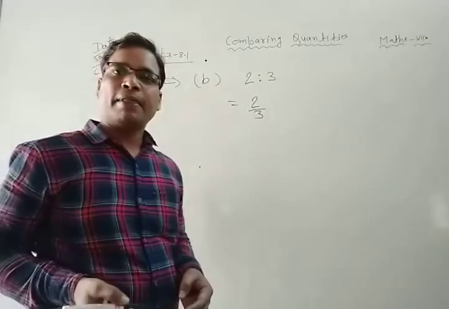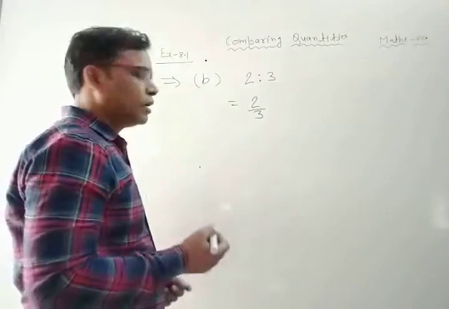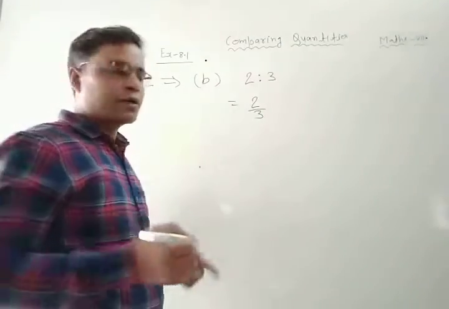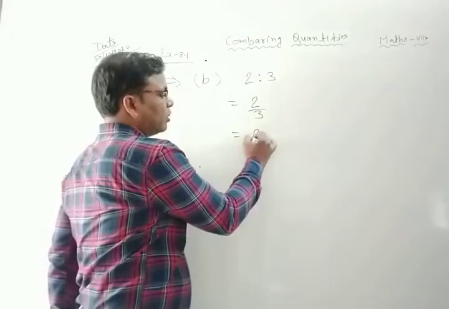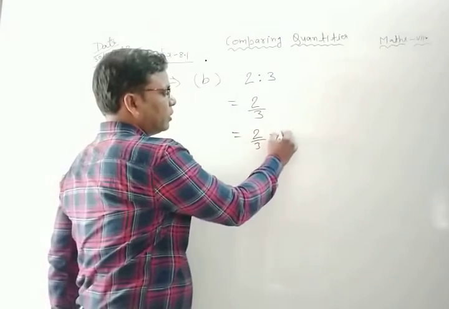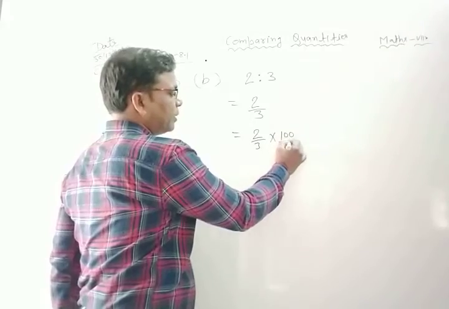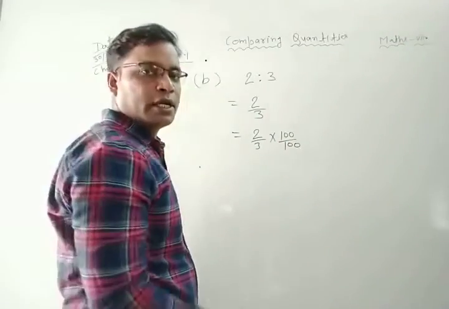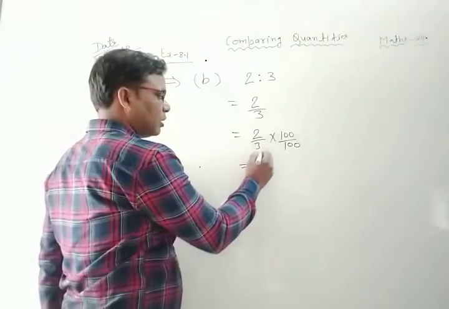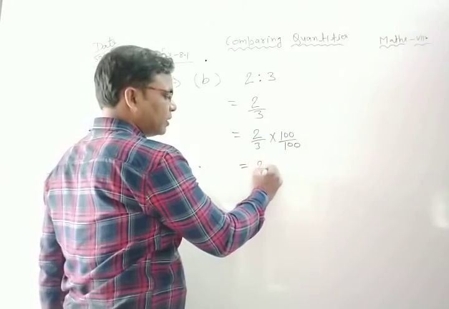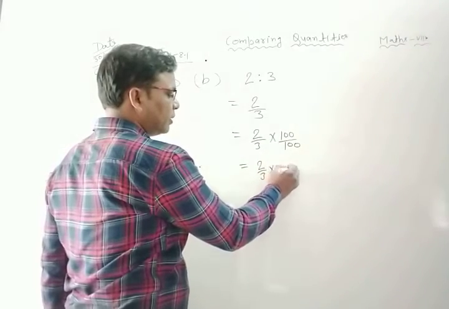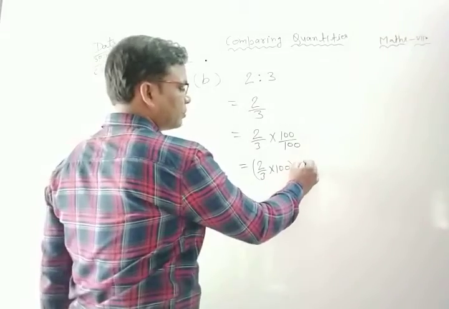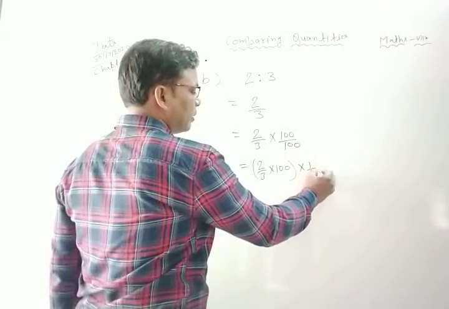Again we multiply it by 100 by 100. So you can write it 2 by 3 into 100 by 100. This is clear. Now you can also write it 2 by 3 into 100 into 1 by 100.